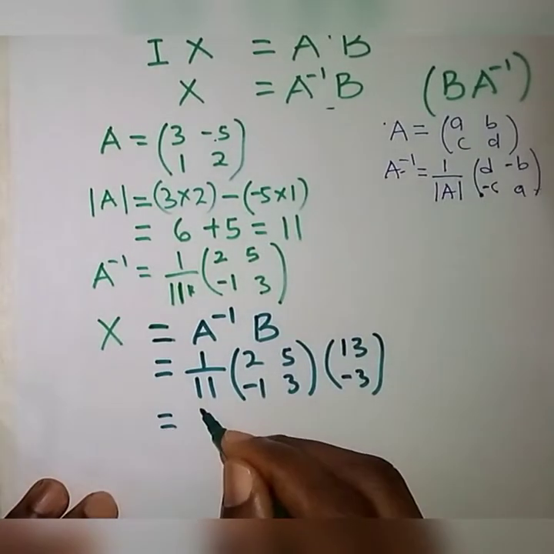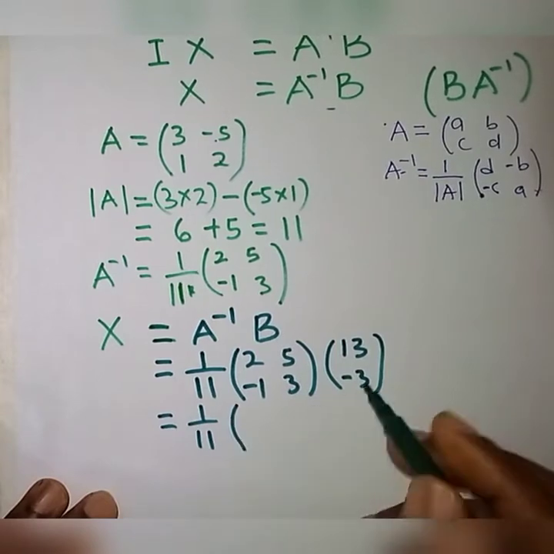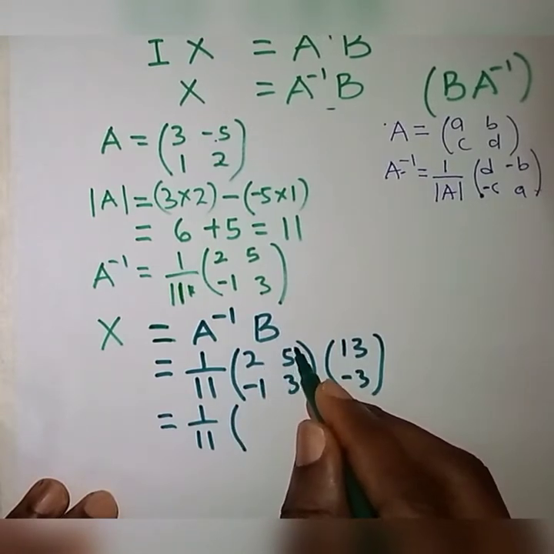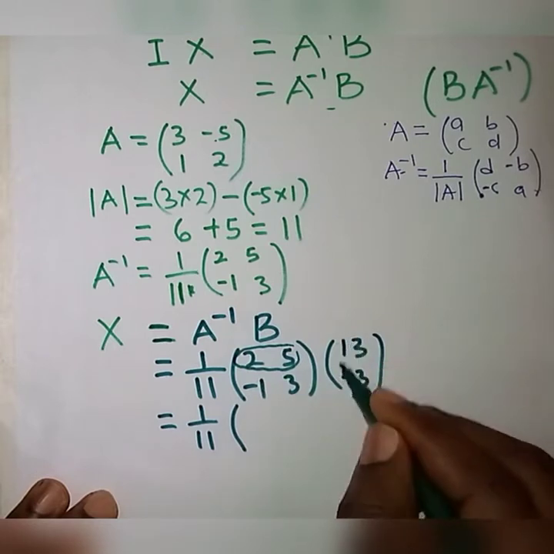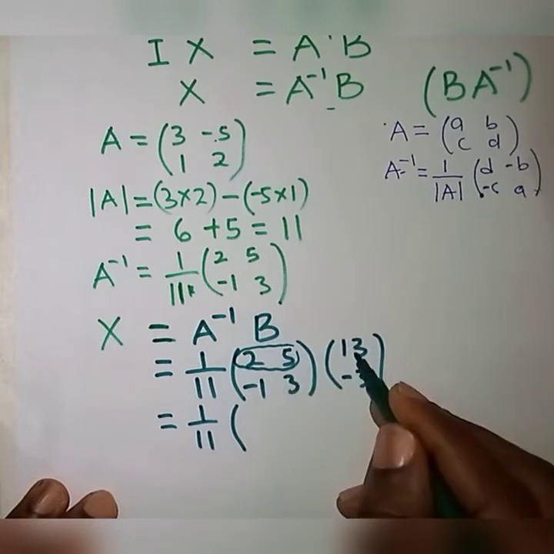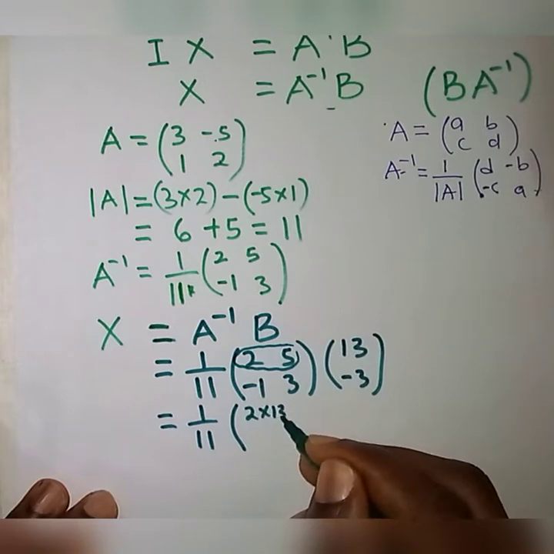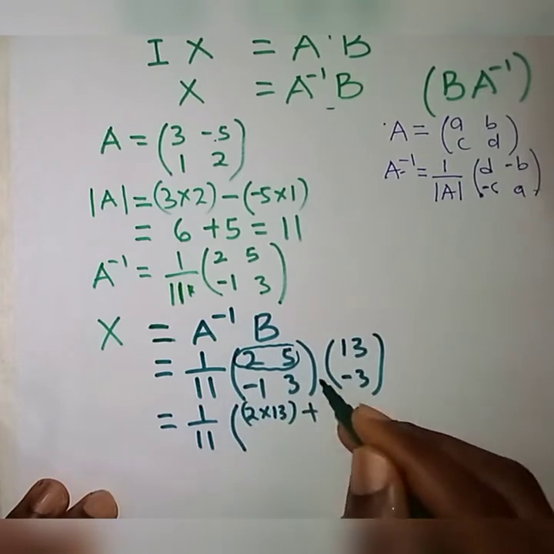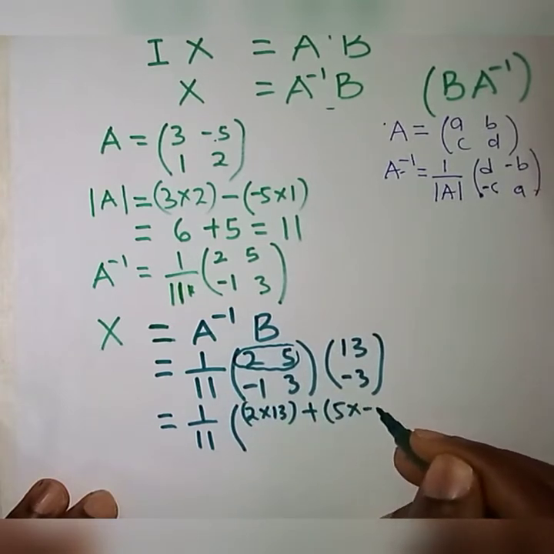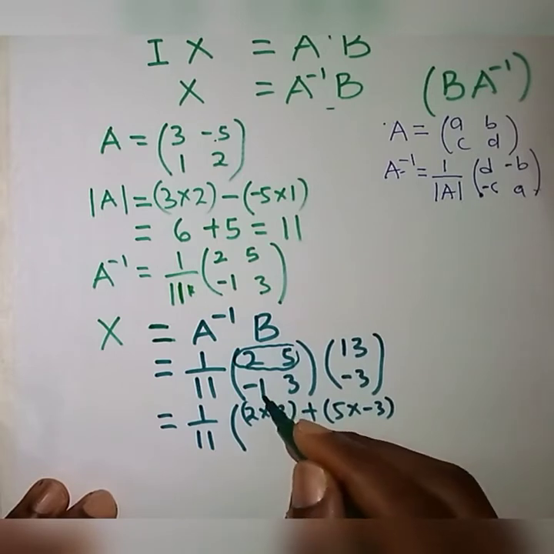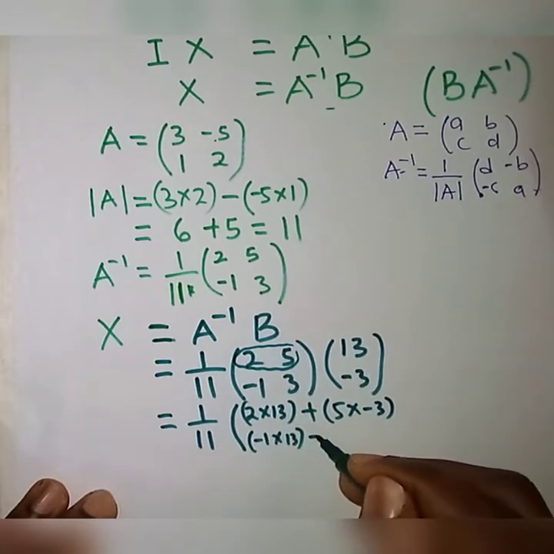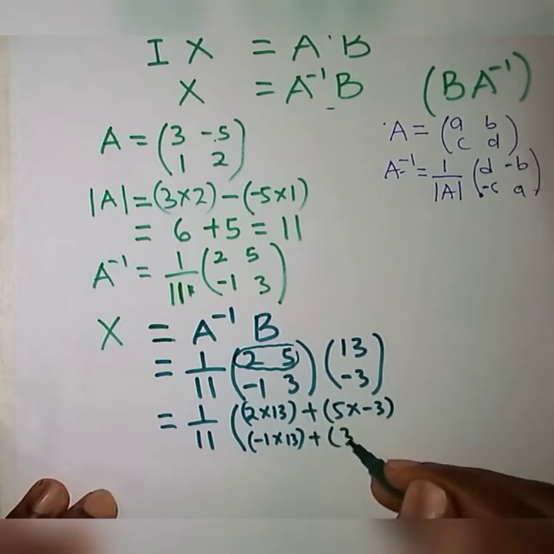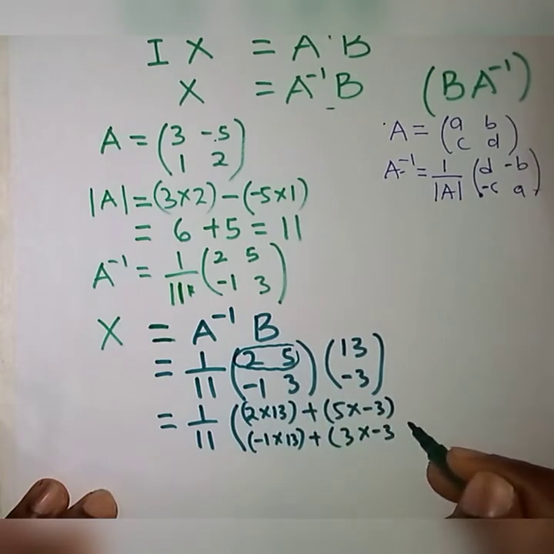This gives 1 over 11. To multiply this, we multiply the first row here with this column. So we have 2 times 13 plus 5 times minus 3, and then we have minus 1 times 13 plus 3 times minus 3.